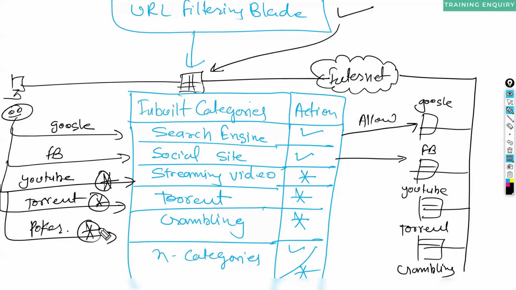With the help of URL filtering, we can block torrent websites because most of the viruses are spread with the help of torrent. Mostly users download stuff from torrent websites, like games, movies, and software. When you download software, movies and games from torrent websites, they come with viruses, spyware and malware.